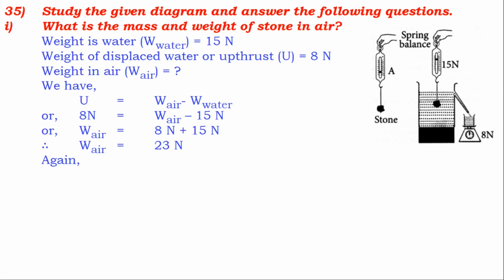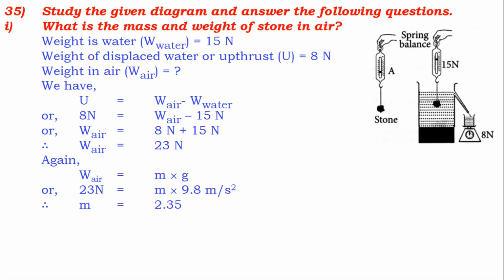Now again, what is the question? This is the weight in air, but mass is not yet calculated. With the help of weight in air, we can calculate the mass of the body. Mass remains the same in air and water, but with the help of the weight, we can calculate mass. Weight in air equals m into g. That means 23 Newton equals m into 9.8 meter per second square.